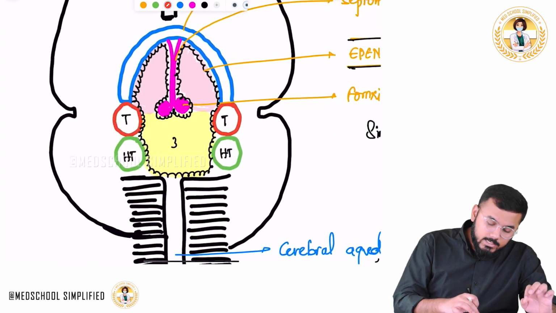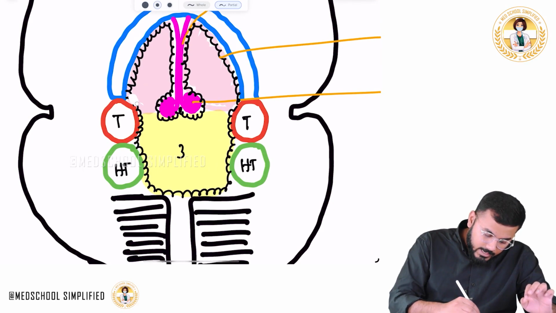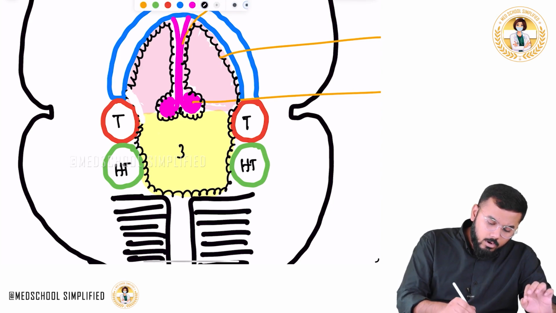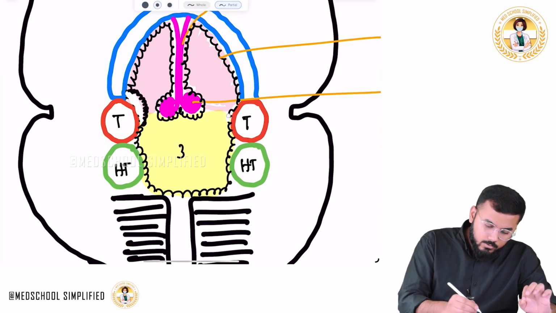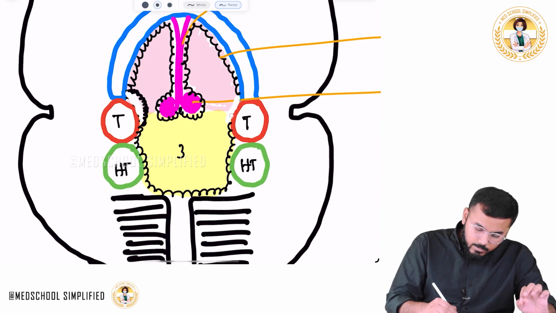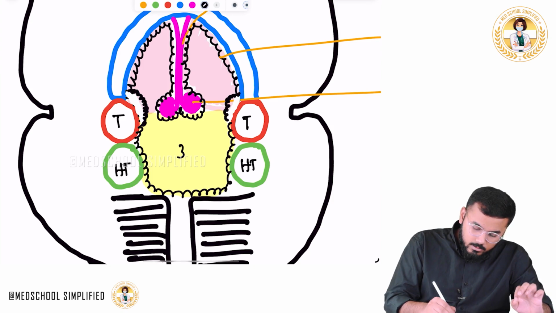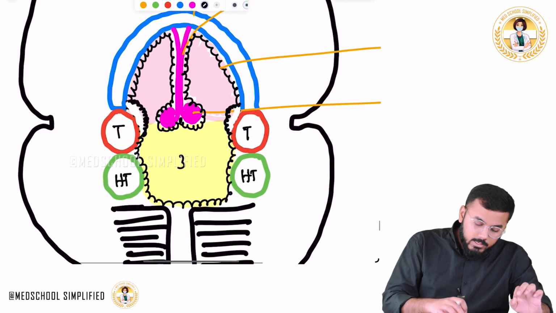Just focus on this part over here. Now what I'll do is rub this part a little bit, and let me draw this ependyma in this way. On the other side also, let me rub this part a little bit, and let me draw the ependyma in this way. Right. Now all of you just focus.